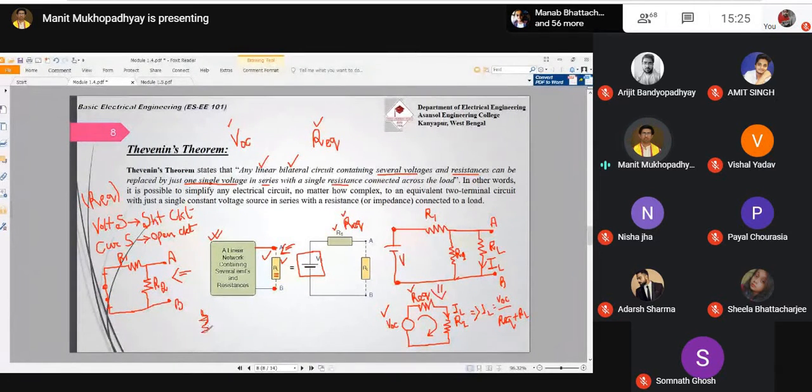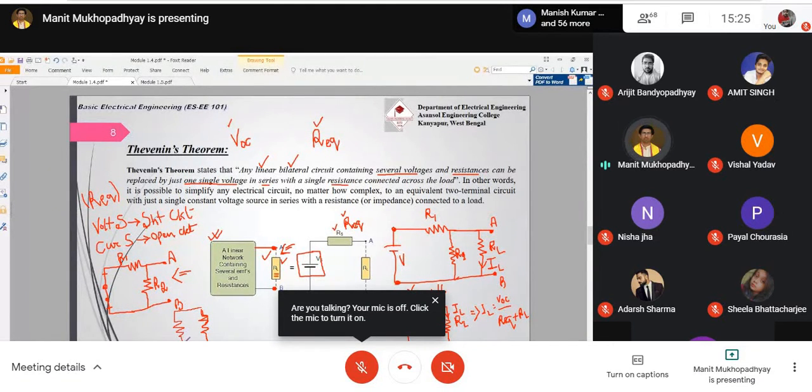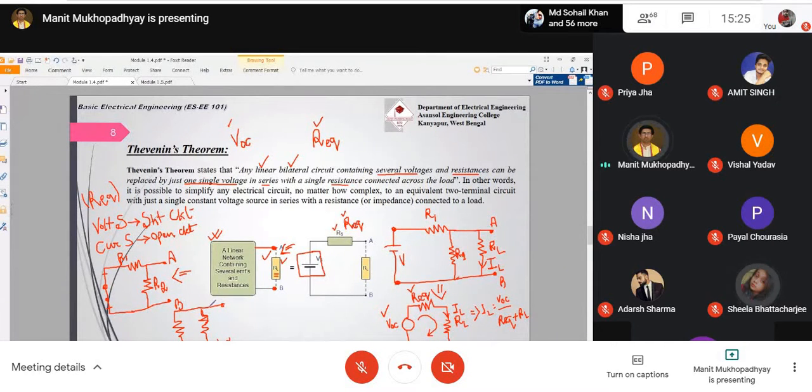This is your R2, this is your R1. So how does it look, series or parallel? Parallel, sir. Exactly. R1 and R2 will be in parallel. So we can write R equivalent equals R1 parallel R2. Clear?